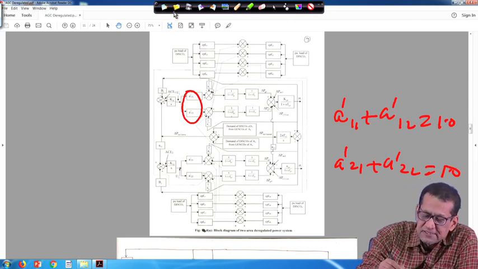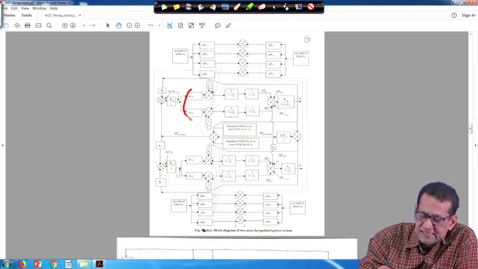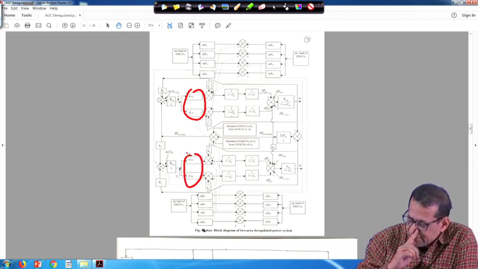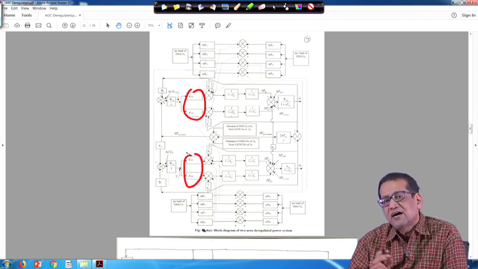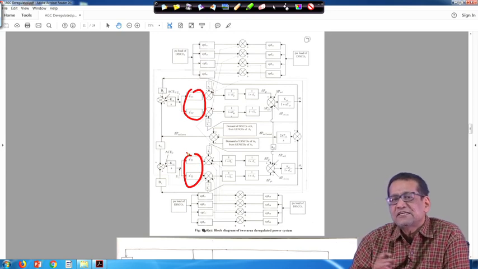These terms have an effect during transient behavior.